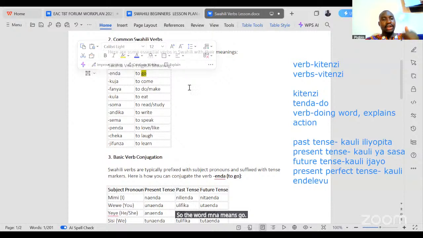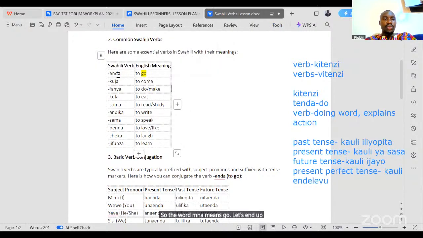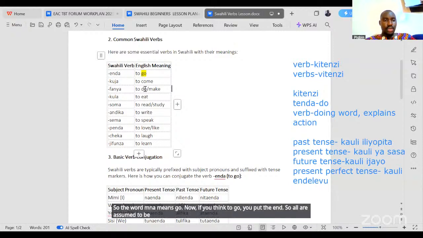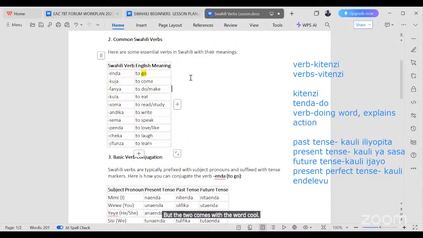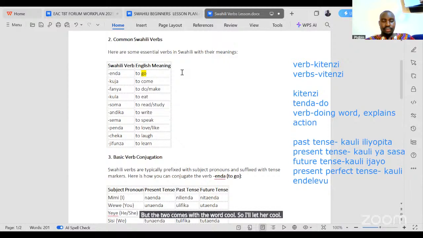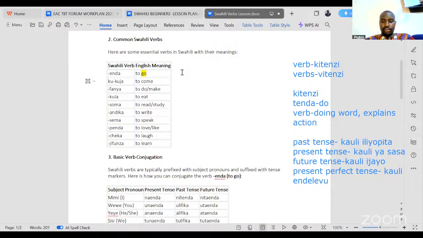That's enda, go. Now, if you say to go, you put the ku: kuenda. So all are assumed to be "to", but the "to" comes with the letter ku.